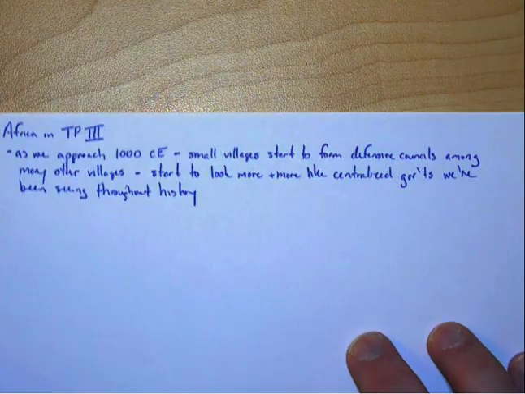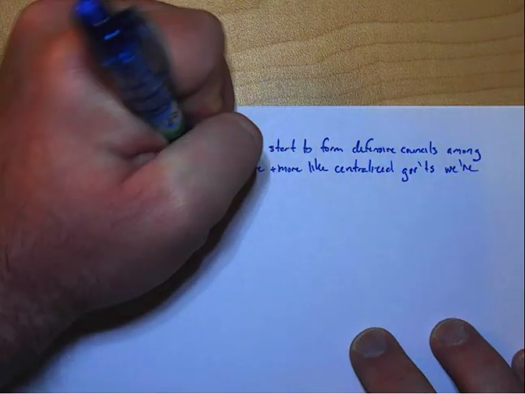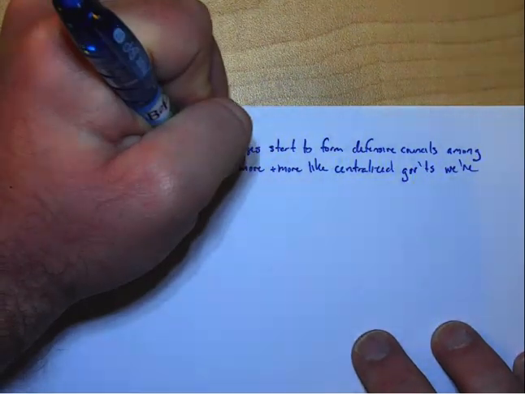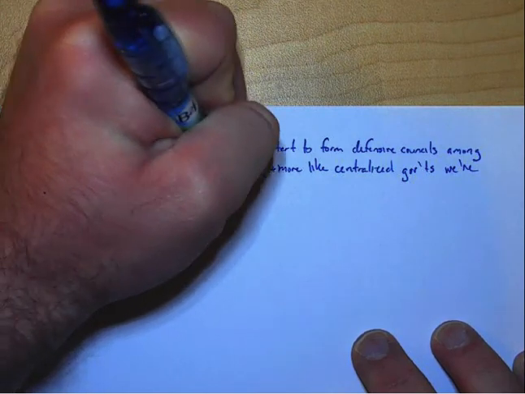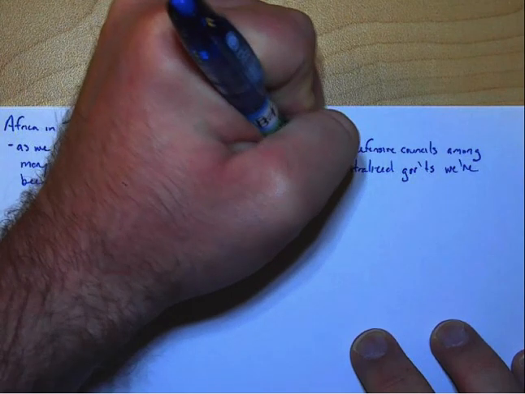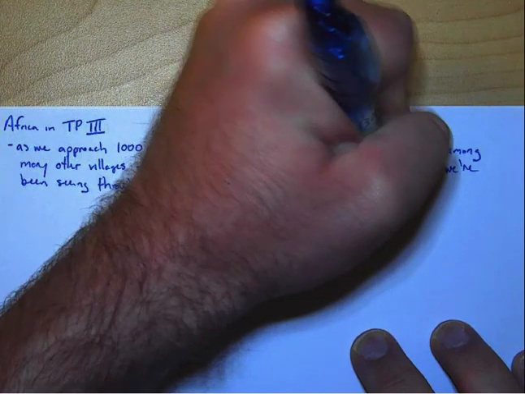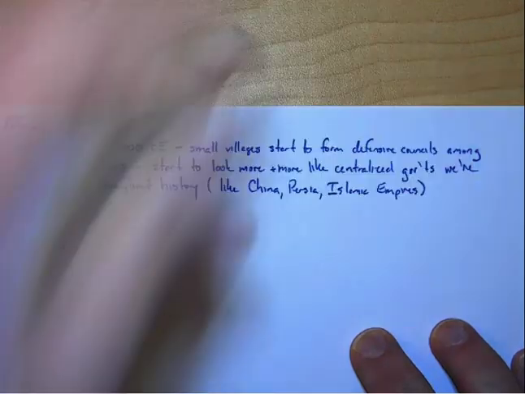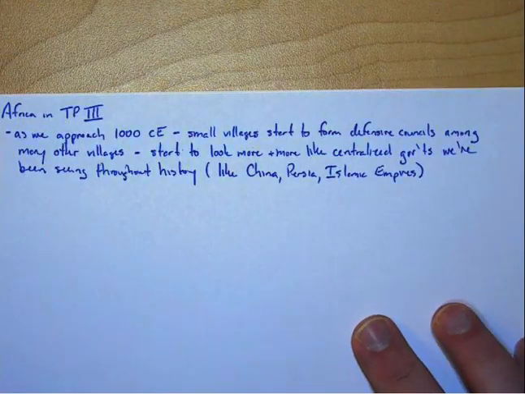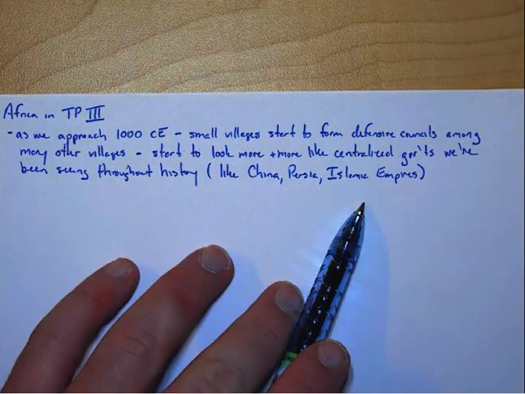So maybe not quite as big and quite as strong or quite as rich, but they're starting to look like maybe China or Persia or the Islamic empires. And so what we're starting to see is the creation of what might be recognizable now as African governments, the same way we've seen governments in these other places.